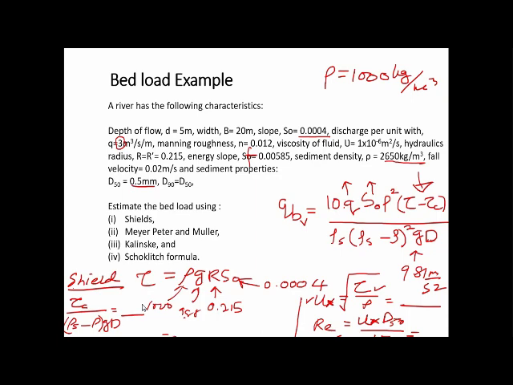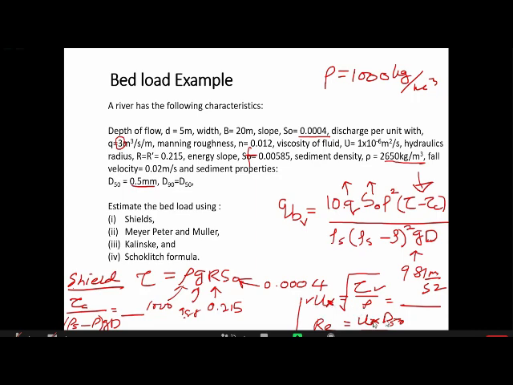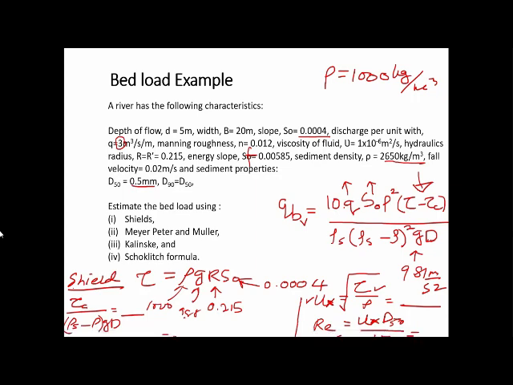From there you can get the energy slope. How are you going to calculate it? And then the velocity, all that, you have to check. Maybe next week we can look at how you solve the equations.